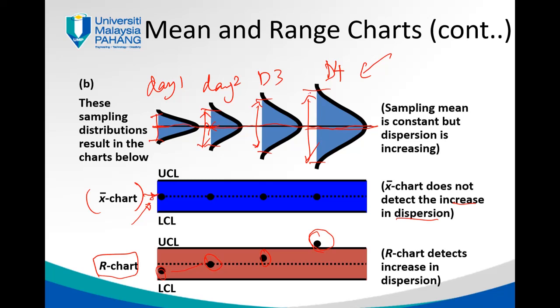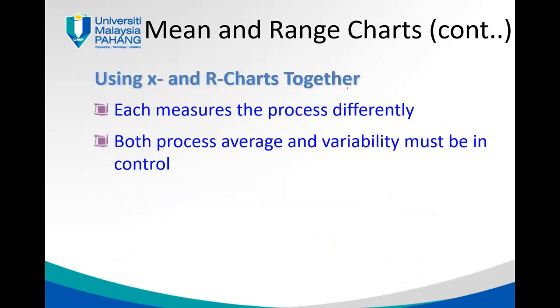When we compare to day 4, the range is very dispersed, but the mean is still at this position. So it shows that our plus and minus value has already shifted from day 1 until day 4. In this case, we also need to investigate why the range of the data has a dispersion.